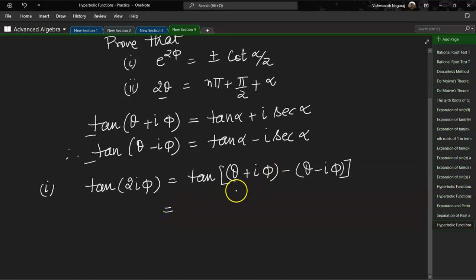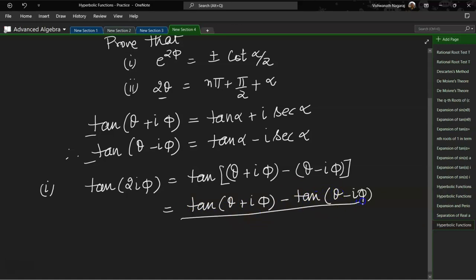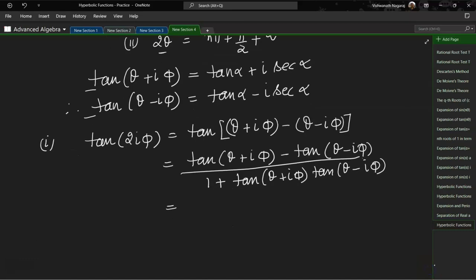Now we know an identity, tan(A - B) = (tan A - tan B)/(1 + tan A tan B). So let's apply that. Now we have got this. Let's do the substitutions now. Tan(theta + i phi) we know is equal to tan alpha + i sec alpha.